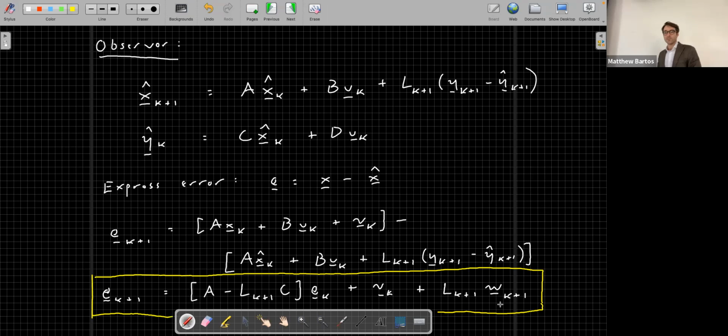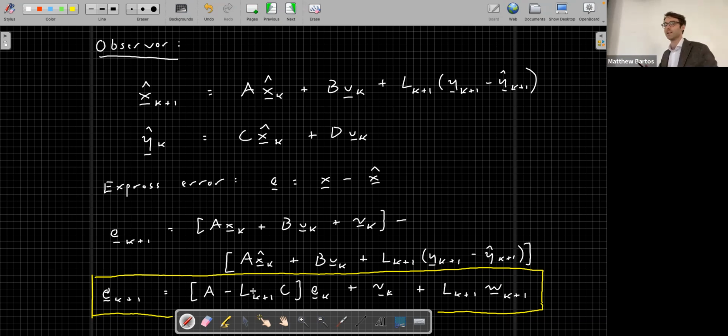Now you'll see that in selecting L, we actually have a conflicting objective. Can anyone see what it is? Remember that v was our process noise, and w was our measurement noise. In selecting L, we're trying to select the poles that make the error dynamics decay to 0, right? So we want this closed loop matrix to have highly negative eigenvalues.